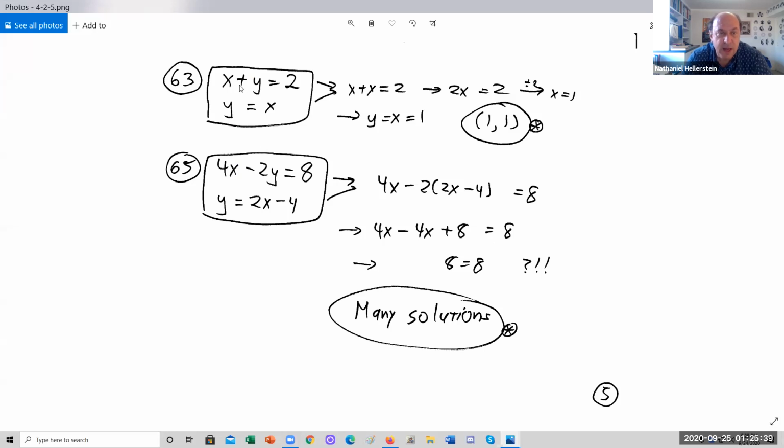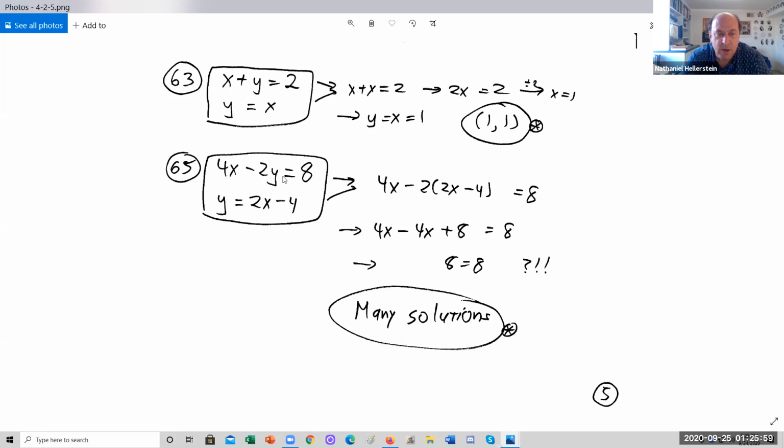Here's an easy one. x plus y equals 2, y equals x. This is an obvious substitution. Where we have y, we can replace it by x. So this becomes x plus x equals 2, 2x equals 2, x equals 1, and since y equals x, y equals 1. The solution is 1 by 1, and yeah, they're equal and they add to 2.